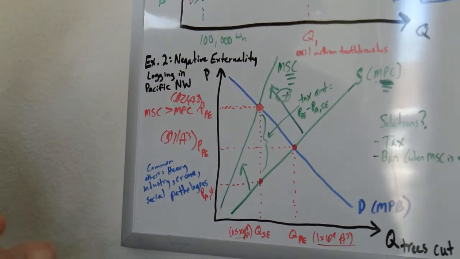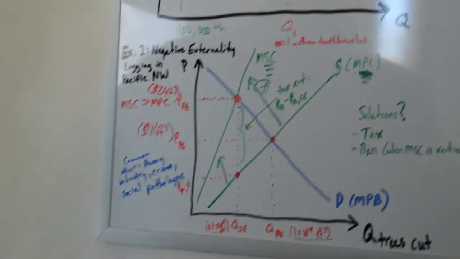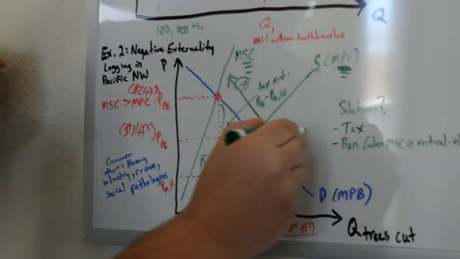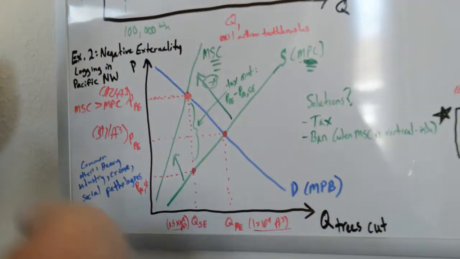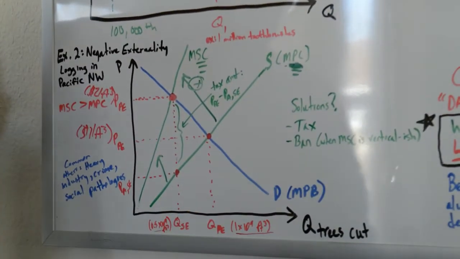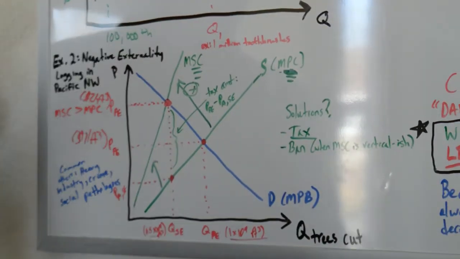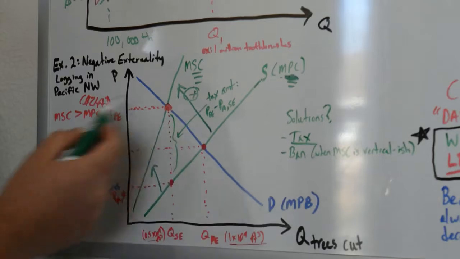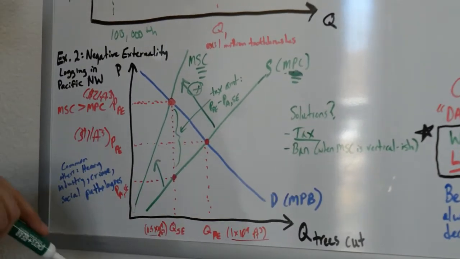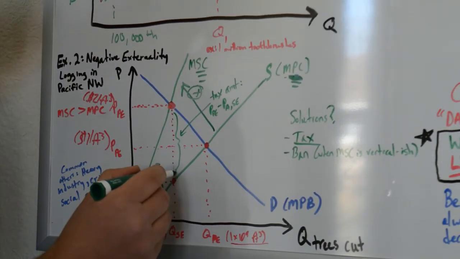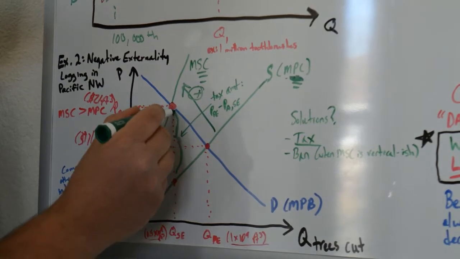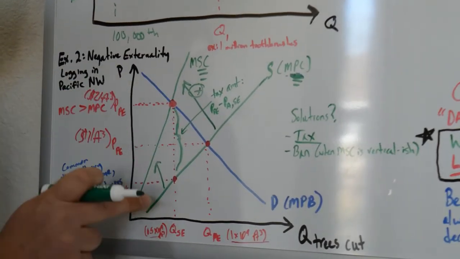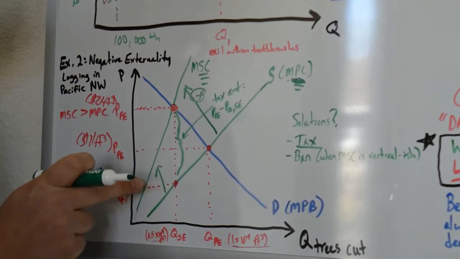So how do we deal with this? Well, there are a couple ways. Kind of the inverse of the subsidy we saw from the positive externality, we could tax, right? You could say for every board foot you harvest, there's some specific tax per board foot, and that would equal this amount, the distance between this price and that price.